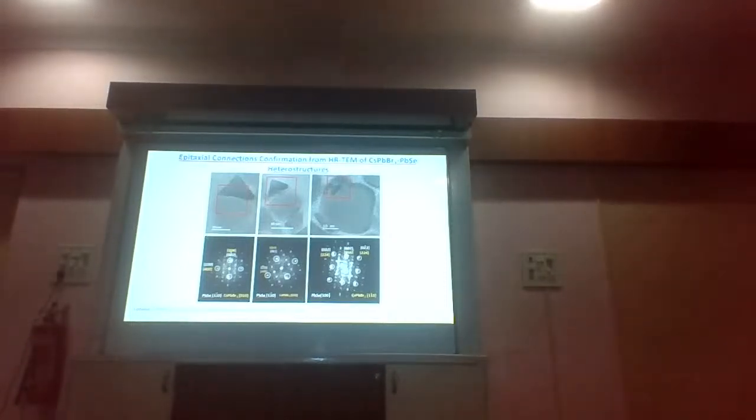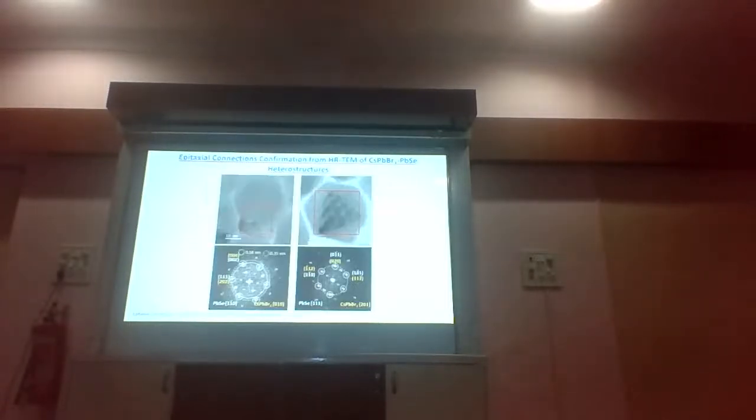That means PbSe connects to the same facet, but depending on the size of the facet, the shape of the nanocrystal changes. Again, we focused on 12 faceted nanocrystals, the same crystal lying in different orientations, and the epitaxial connection is almost the same.